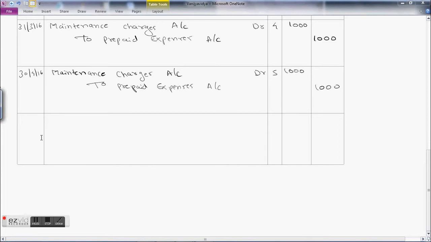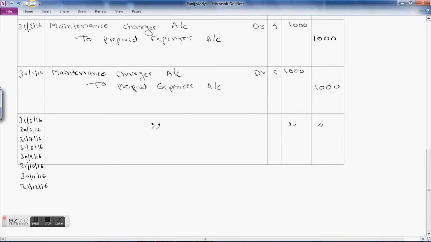Now the similar journal entry will continue on 31 May 2016, then 30th June 2016, then 31 7 2016, 31 8 2016, 30 9 2016, 31st October 2016, 30th November 2016, and 31 12 2016. The same journal entry will repeat.